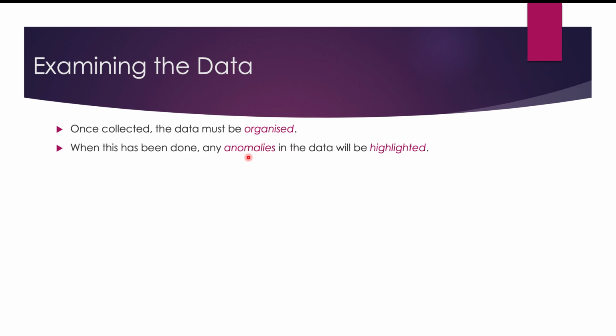We don't delete them, we have to highlight them. This could be because we made a mistake in the way we were recording our data, or it can be an unusual response. These types of anomalies can be regarded as outliers.